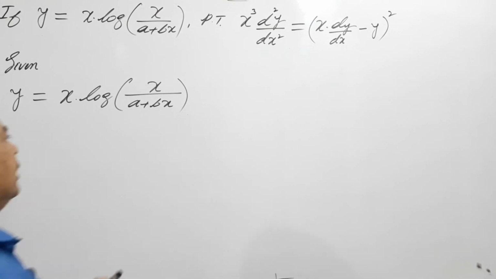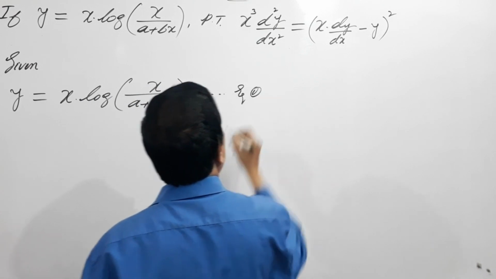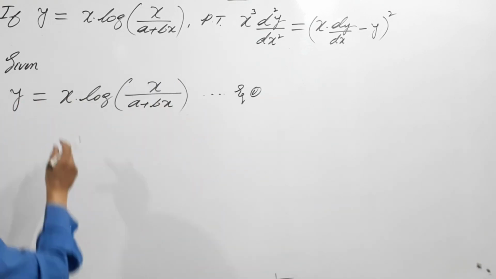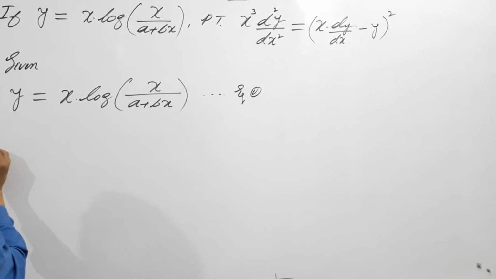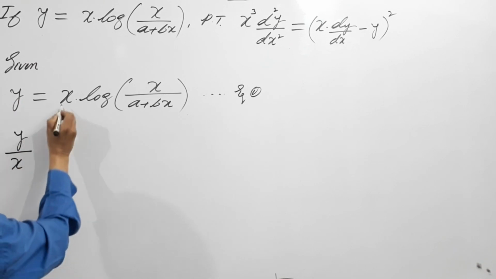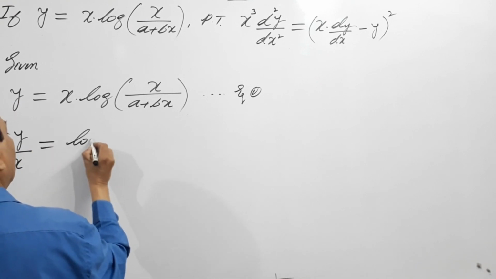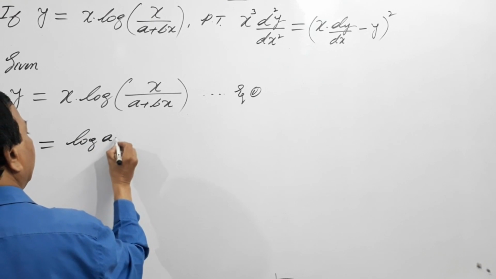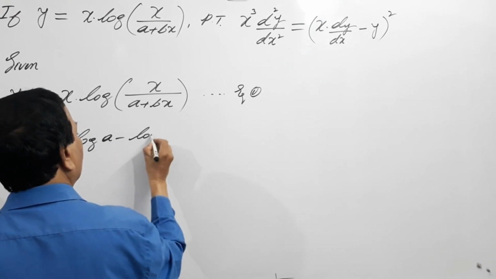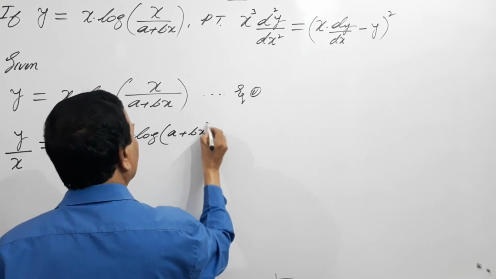So I call this equation 1. What I will do is simplify this. This is nothing but y by x, I bring this x down, equals log of x minus log of a plus bx.